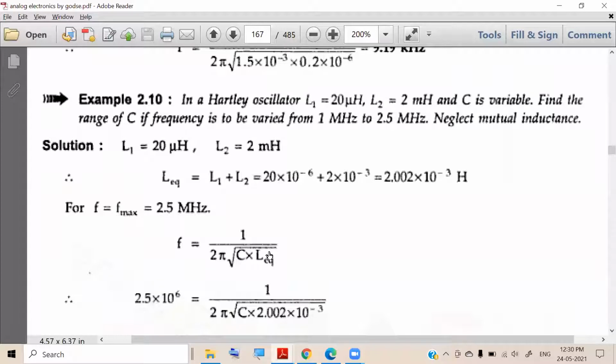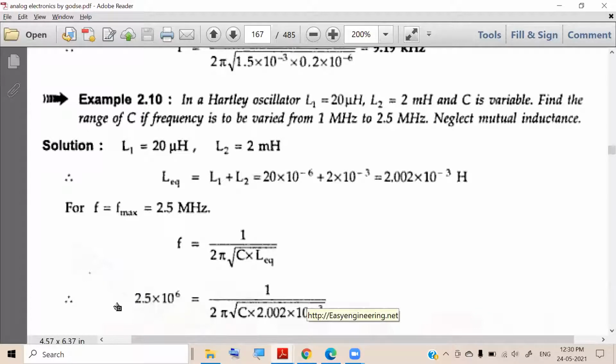I told you: 2.5, first square on both sides. C is multiplied to the LHS, and whatever remains in the LHS is multiplied to the RHS. So when you square this, 2.5 squared becomes 6.25, and 10 power 6 squared becomes 10 power 12.